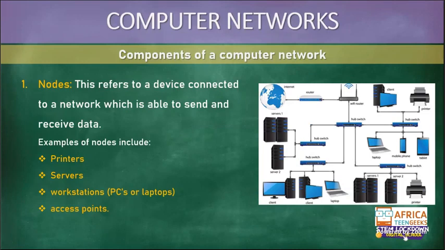So the computing devices that you mentioned in the definition of a network are what we are referring to as nodes. These could be printers, servers, workstations, that is PCs or laptops, mobile devices, or access points.